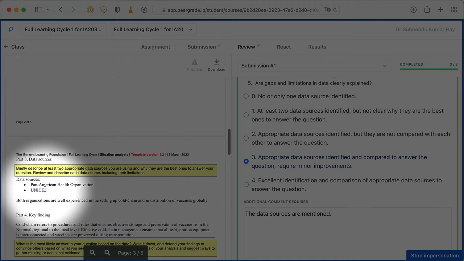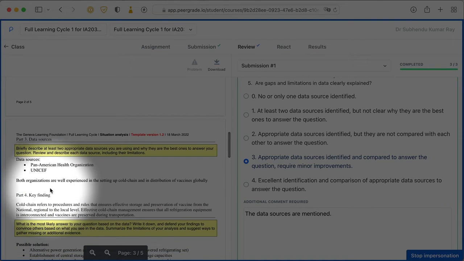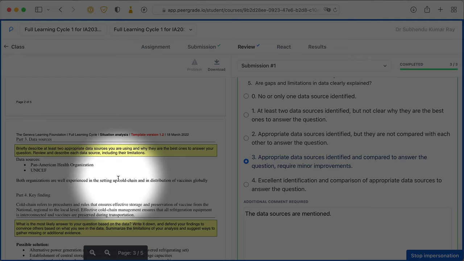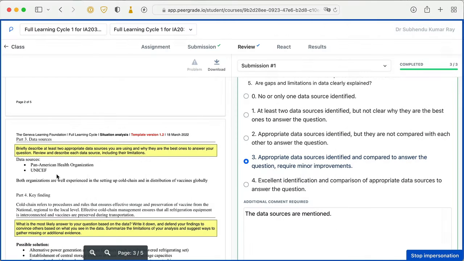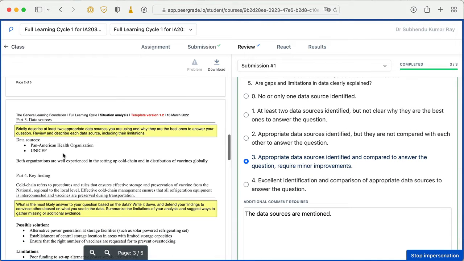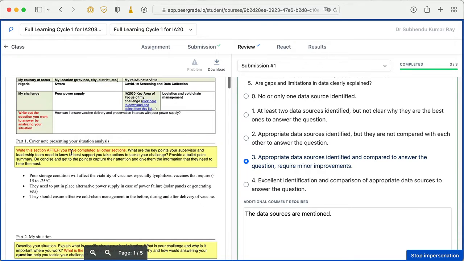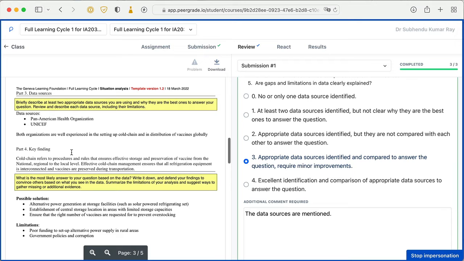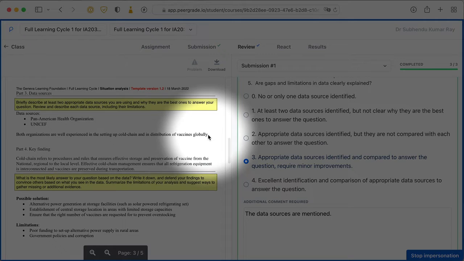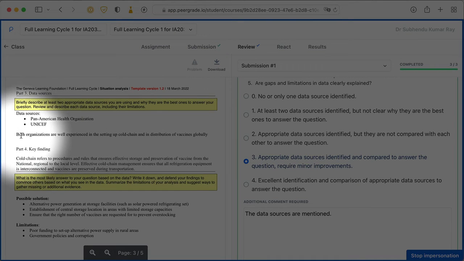So UNICEF and PAHO may have guidance on cold chain and distribution of vaccines, but here we're trying to understand the root causes. Why are there power supply problems? I'm not sure that looking at the guidance, you can look at the guidance all day and all night, is going to help you answer why there are power supply problems in your area.